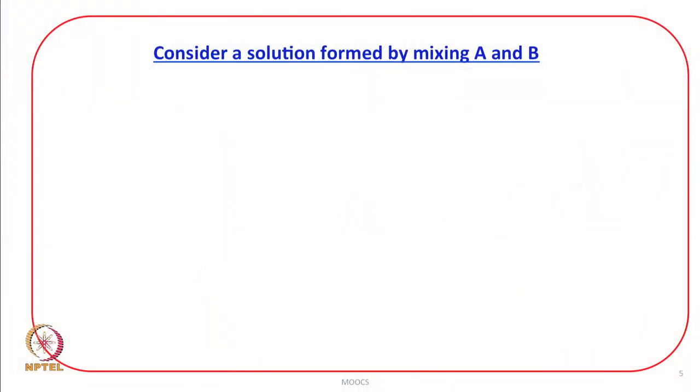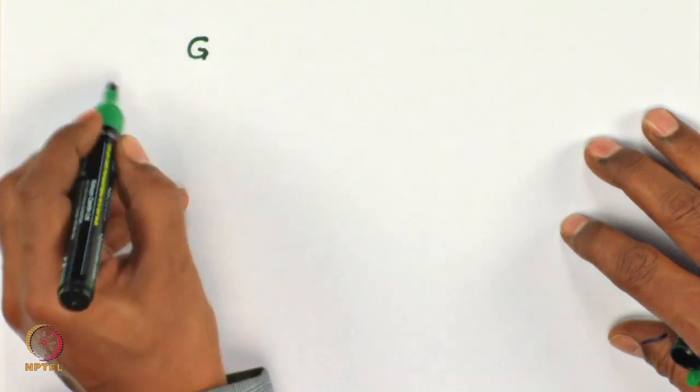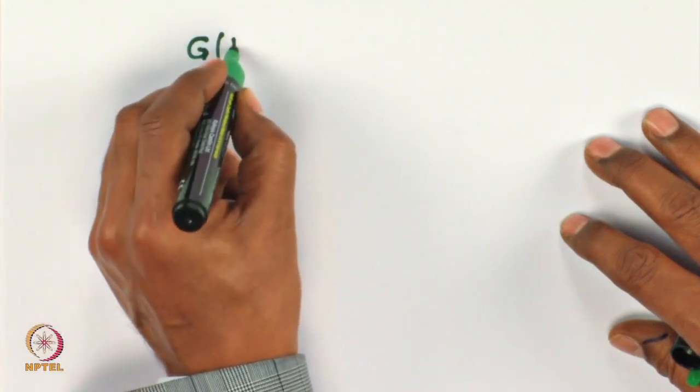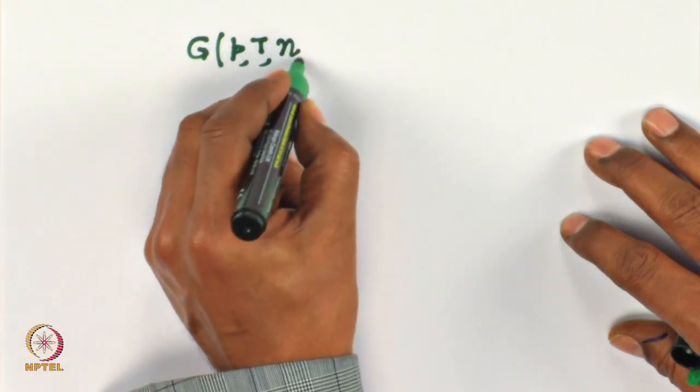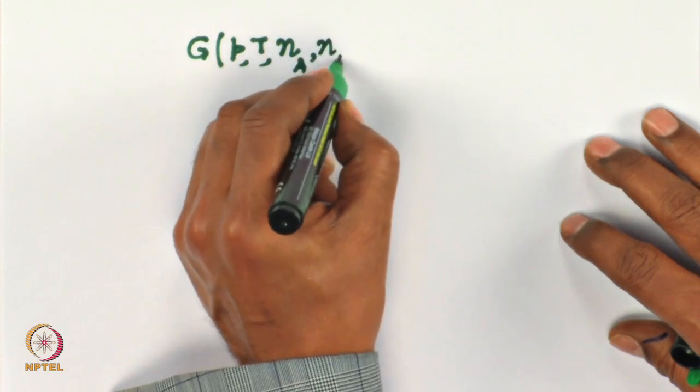Now, let us consider a solution which is formed by mixing A and B. If it is a binary mixture, the free energy will depend on pressure, temperature, Na and Nb.